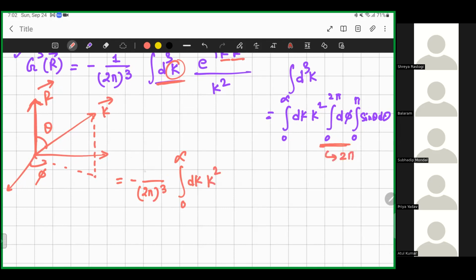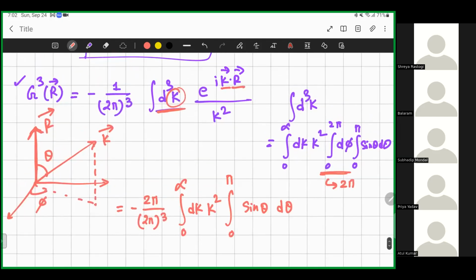And 0 to pi sine theta d theta, then e to the power i k r cos theta, because this is the dot product. Now k and r are scalar quantities, divided by k square. Essentially, this k square and this k square will cancel out. So this is our integral. We have to solve this integral.